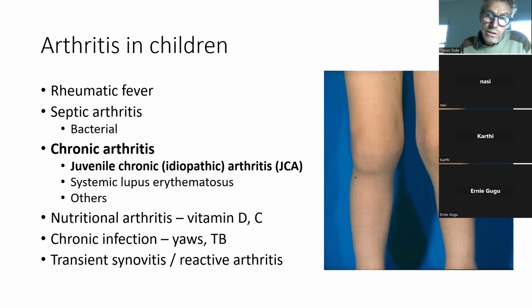And then there are some chronic infections that can cause arthritis, but usually there are characteristic features like a certain rash, yaws, for example. I also want to try to explain how to make that distinction between TB arthritis and other forms of septic arthritis or other forms of chronic arthritis, because TB arthritis is not very uncommon.